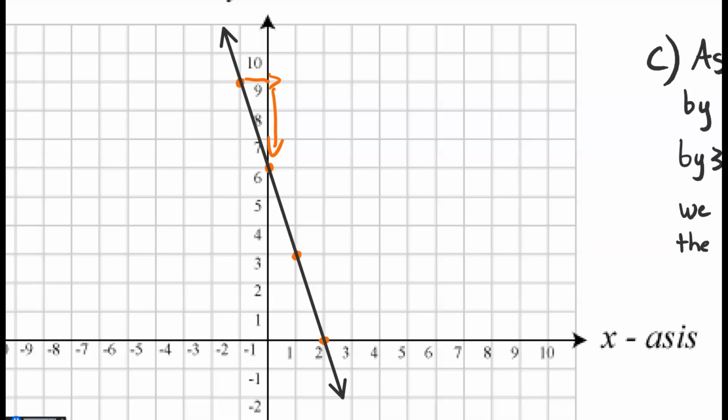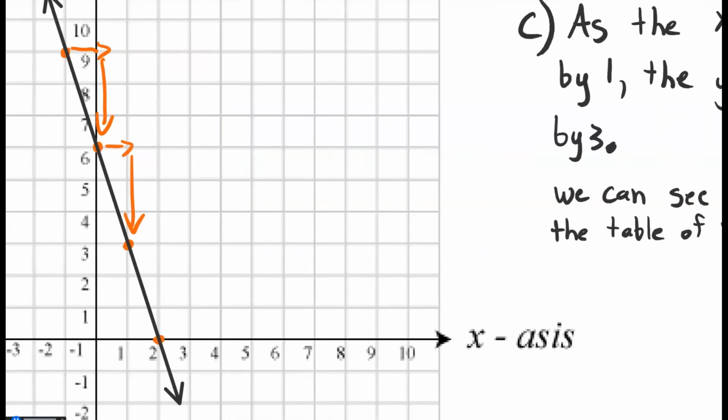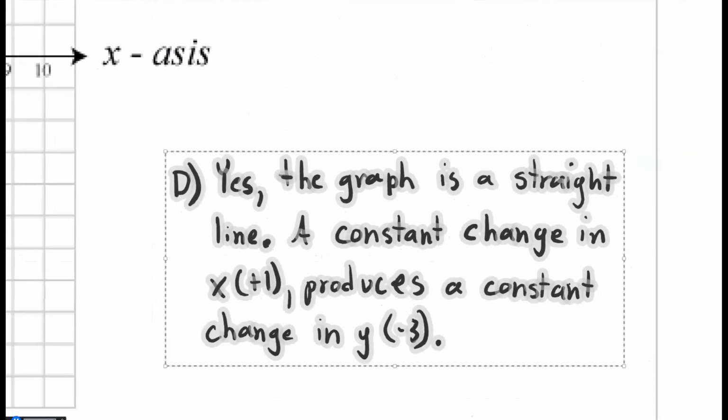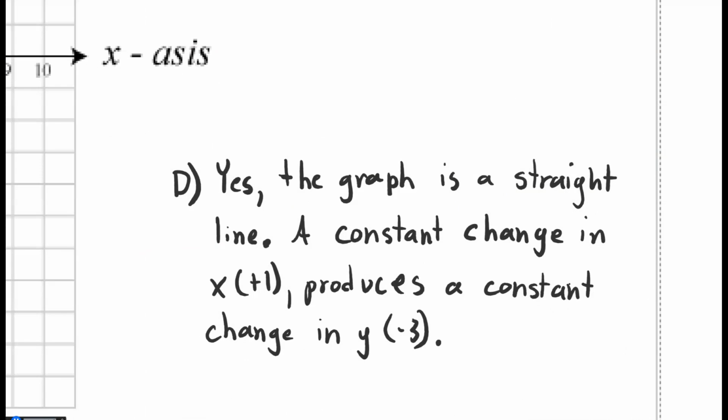And is our pattern always increasing x by 1 and decreasing y by 3? Well, yes, it is, showing us that yes, we do create a straight line, and it is a constant change in x of +1 produces a constant change in y of -3.